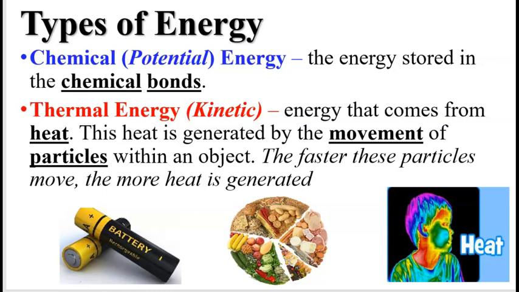Thermal energy, on the other hand, is kinetic energy. This is the energy that comes from heat. This heat is generated by the movement of particles within an object. The faster the particles move, the more heat is generated. So chemical energy we're going to use now instead of the word potential, and thermal we're going to use in place of kinetic.